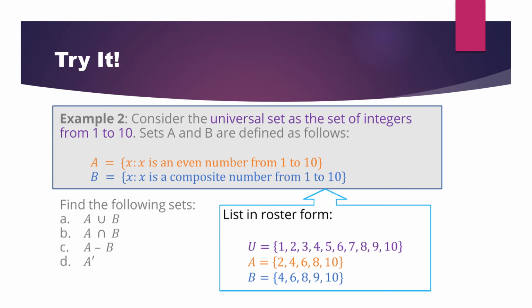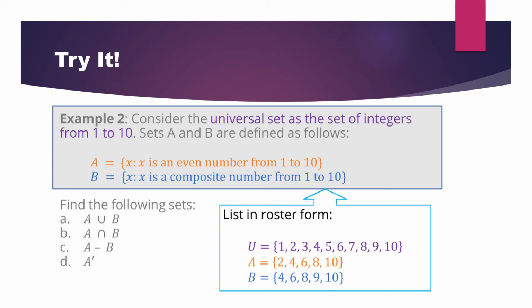We have to list the elements found in each set in roster form. The universal set U is equal to 1, 2, 3, 4, 5, 6, 7, 8, 9, 10. Set A is the even numbers from 1 to 10.